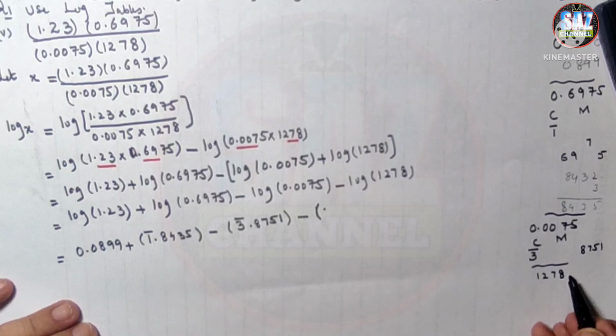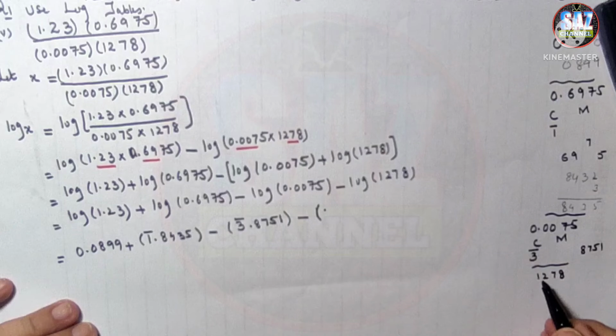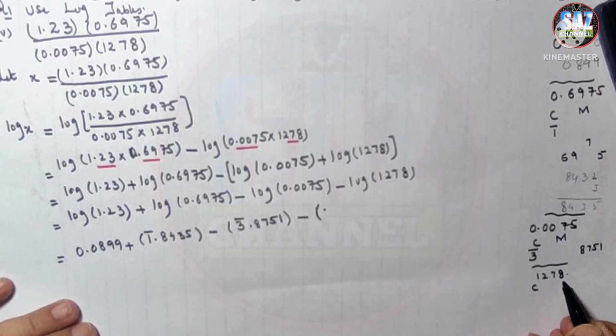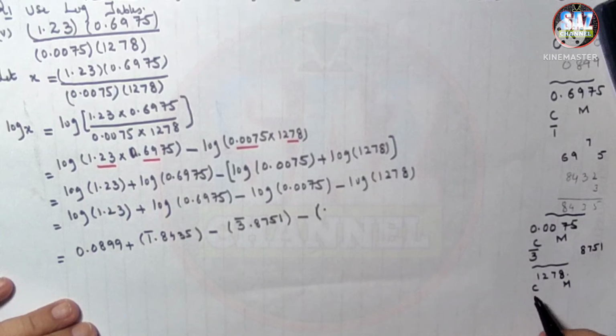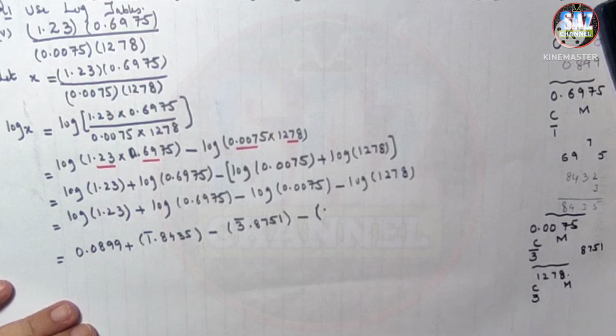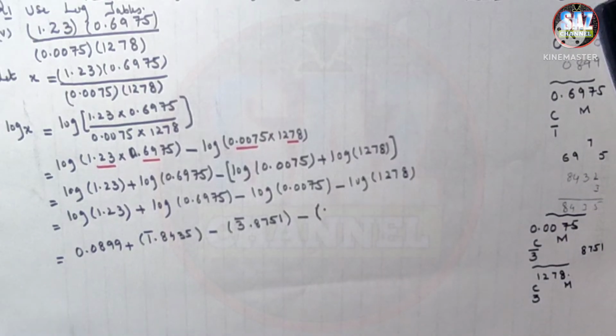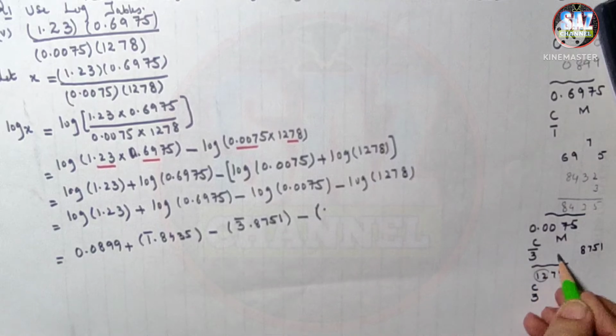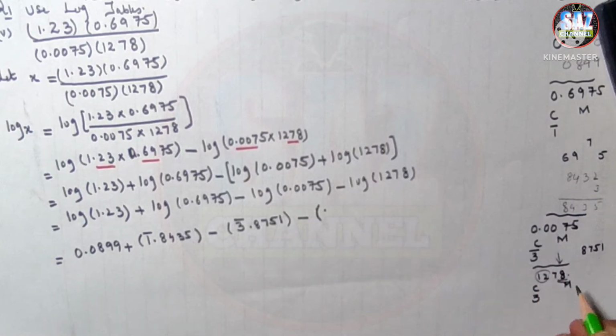Number is greater than 1. So in case of the number greater than 1, we can see that there are 4 digits before decimal, so the characteristic will be 1 less than the number of digits, which is 3, and for Mantissa purpose I have to locate 12 in the column of 7 and then in the difference column 8.